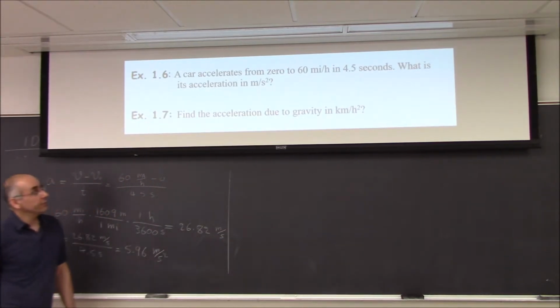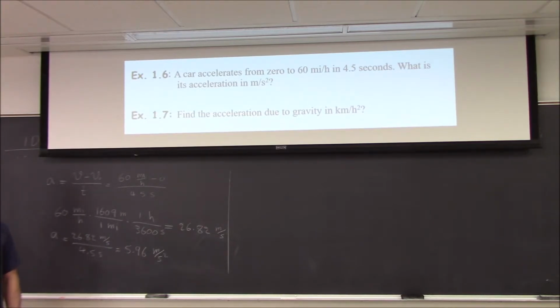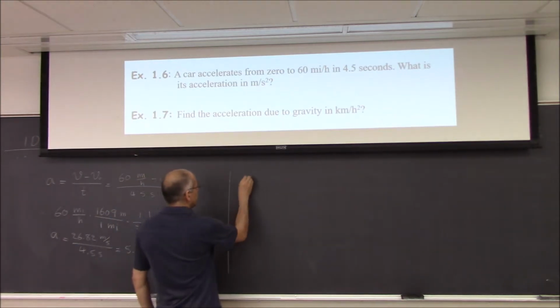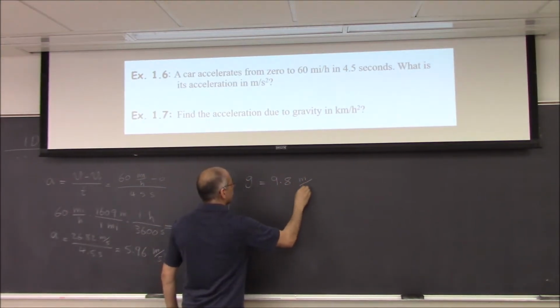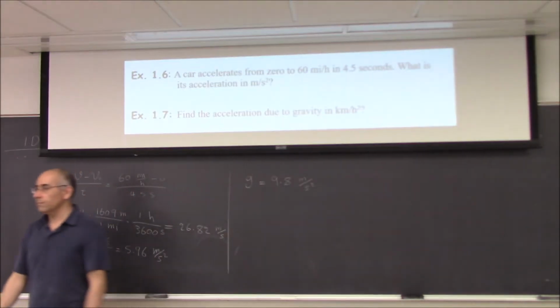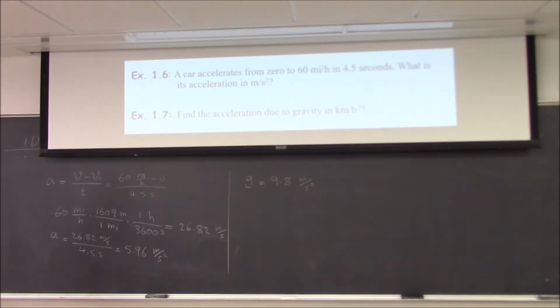What is the acceleration due to gravity in kilometers per hour squared? So g, which is 9.8 meters per second squared, that's the magnitude of acceleration due to gravity.